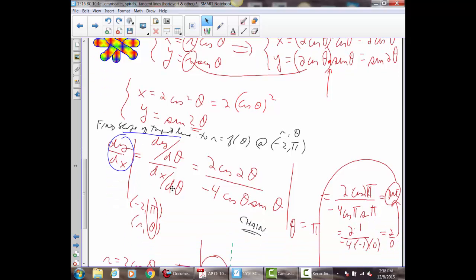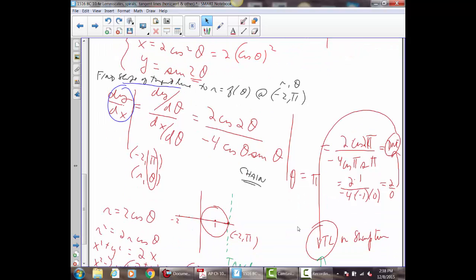So the slope of the tangent line to our function at the given point is dy dx, which is dy d theta over dx d theta, which dy d theta, as you can see from here, is the cosine of 2 theta times 2. dx d theta is 4 times the cosine of theta to the power of 1 times the derivative of cosine, which is negative sine.